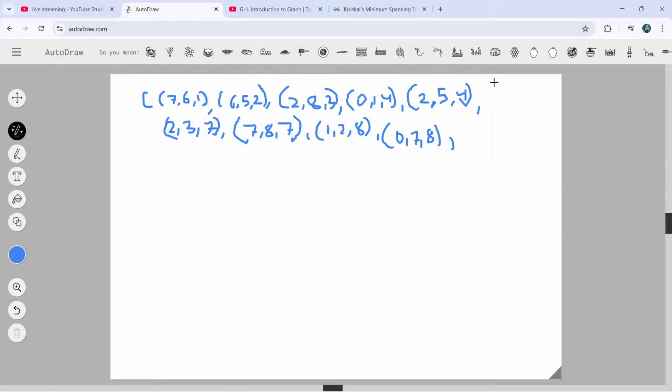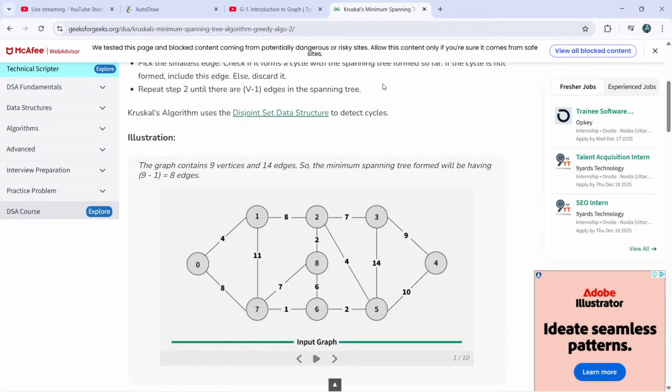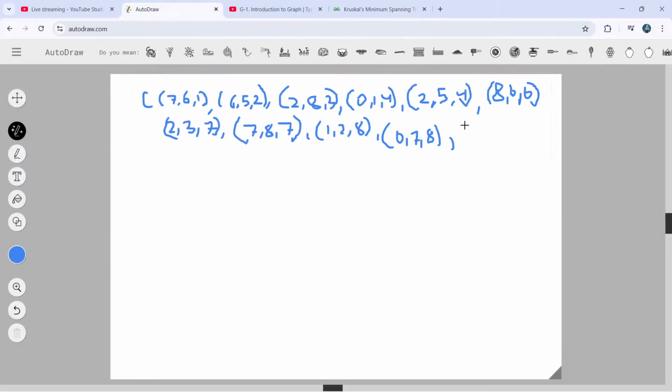Okay, I need to consider 8 6 also, with weight 6. Then we have 3 4 with weight 9.